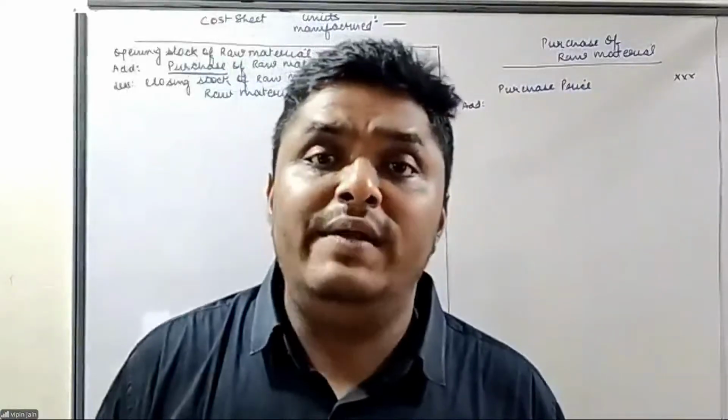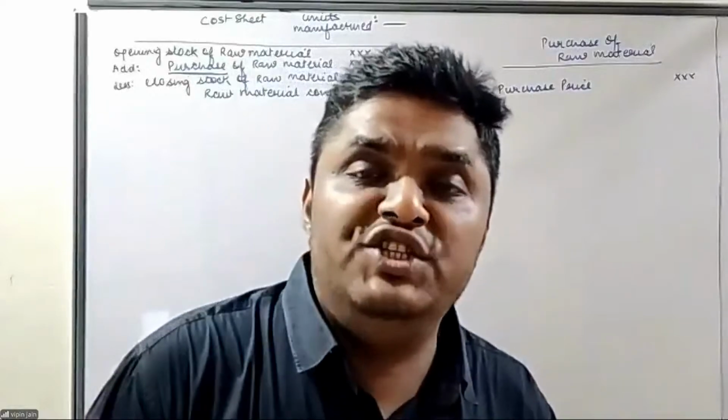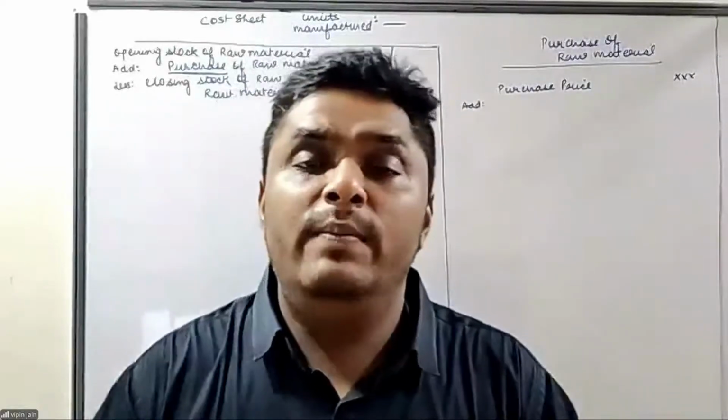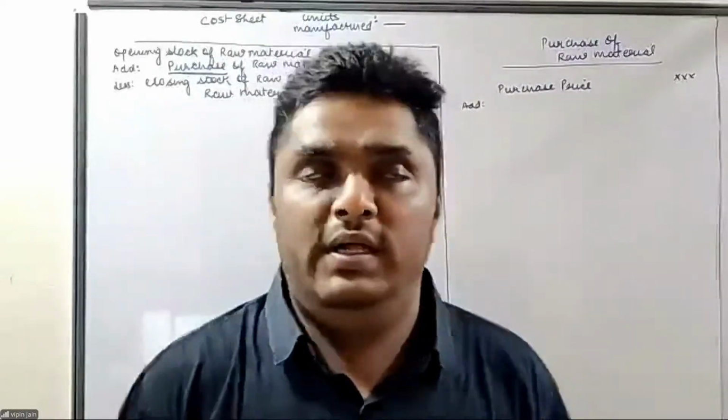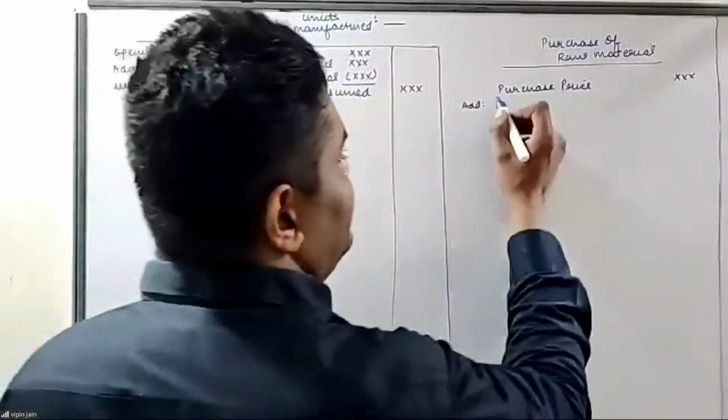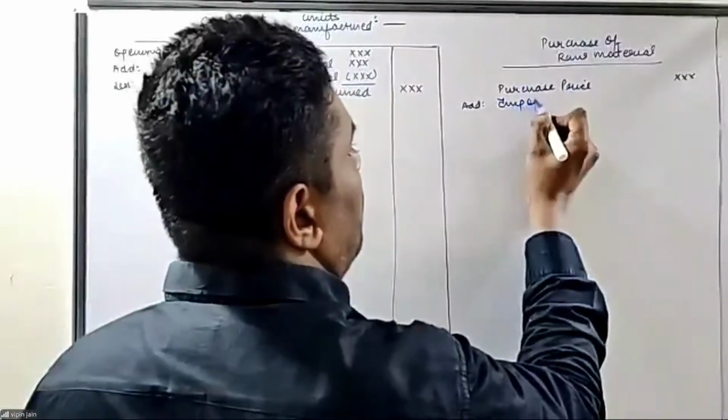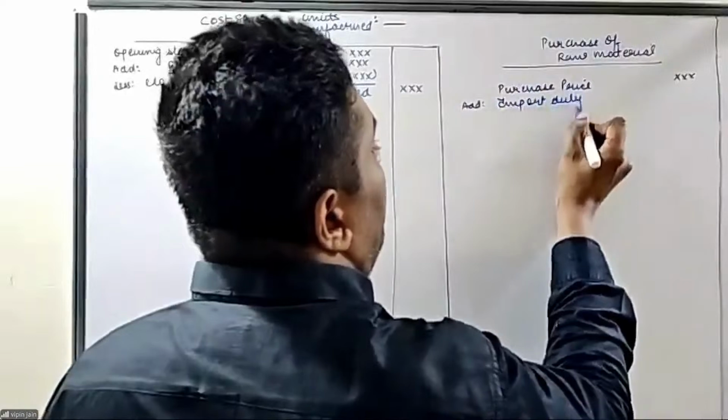So in short, whatever the cost from Indonesia till the factory gate will be included in my purchase price of raw material. So if we are paying any sort of import duty, it will be added.